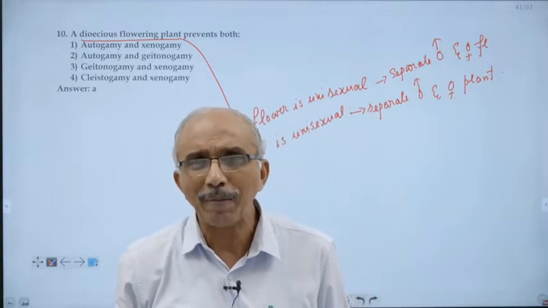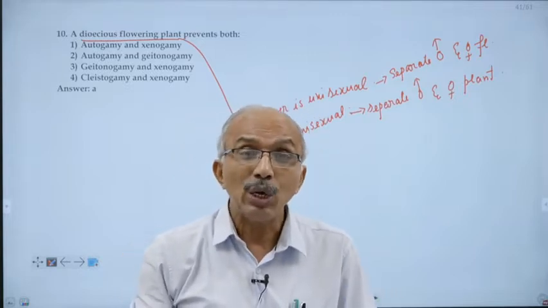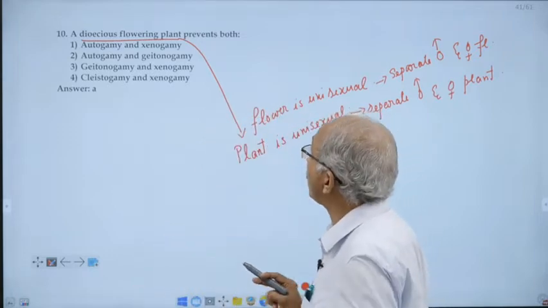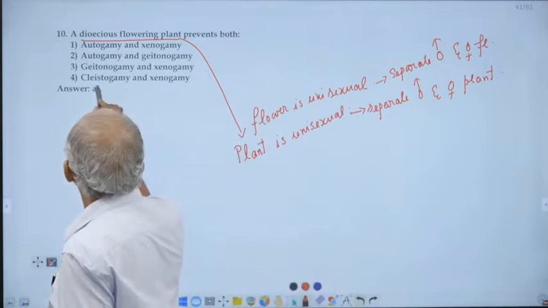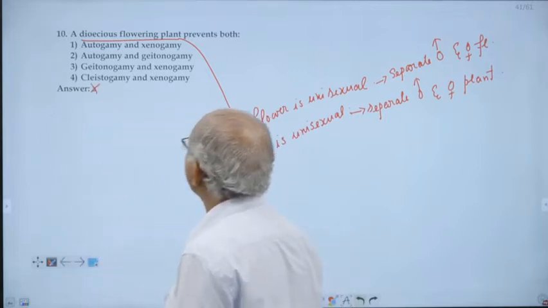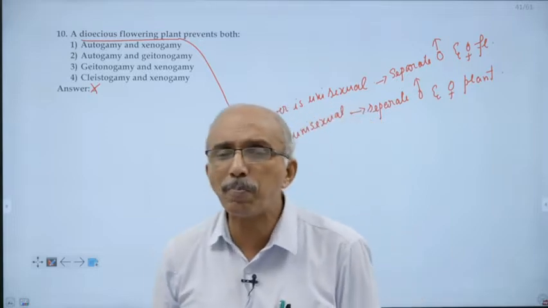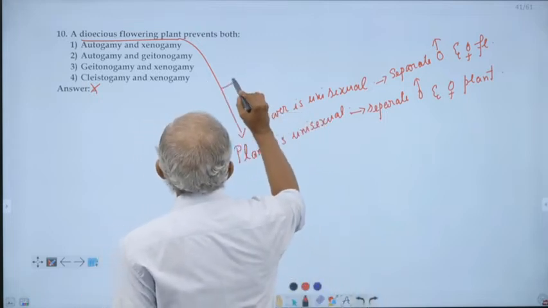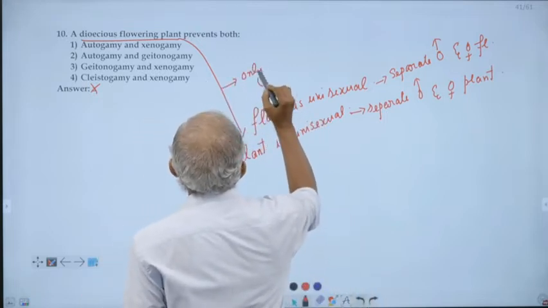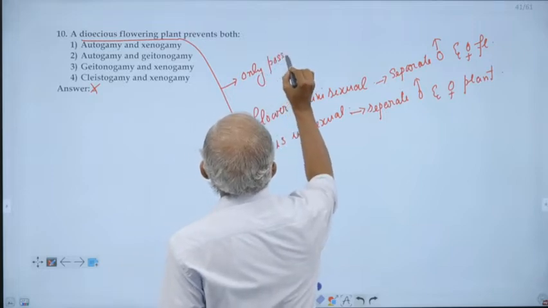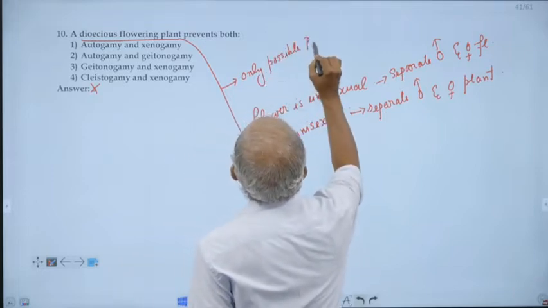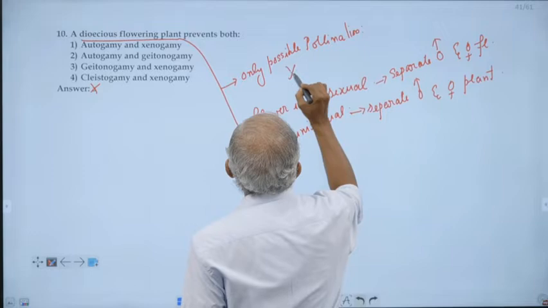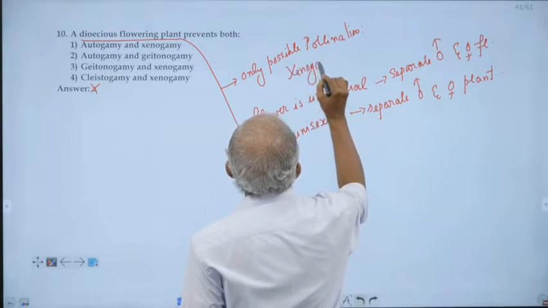In a unisexual plant, the only possible pollination is stenogamy.